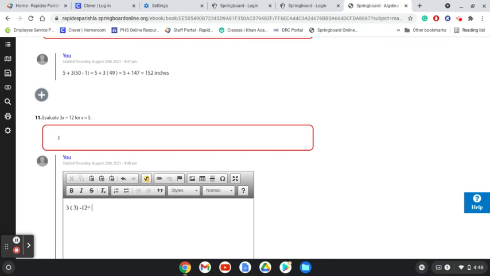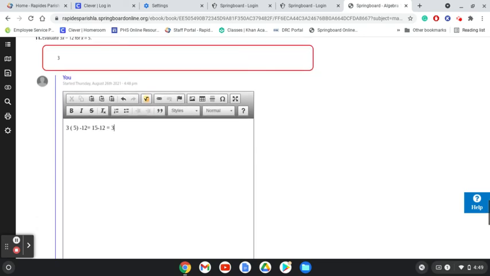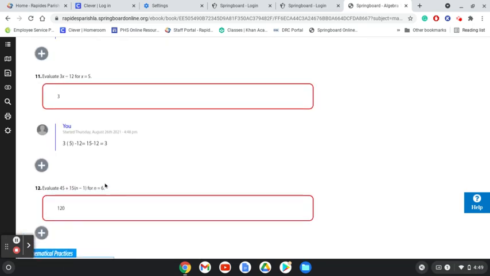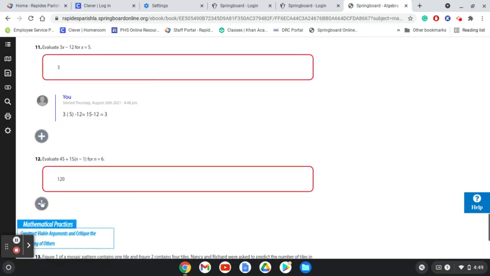That is 9 minus 12, which, oh no, it's 5, right? Sorry about that. That would be 5, not 3. That's 15 minus 12, which equals 3. So that would be 3, okay?